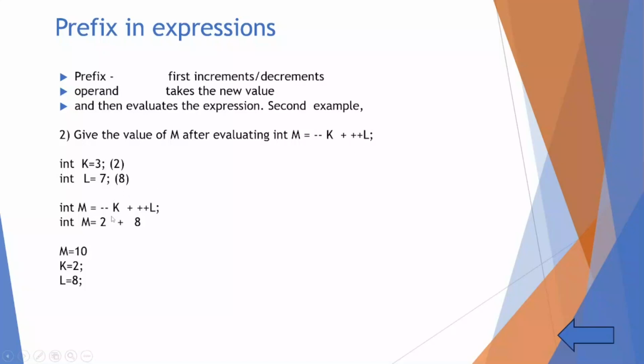So --k, first decrement to 2, and then take the new value, that is 2. This is first increment and take the new value. 2 plus 8 is 10, and k would be 2, l would be 8. This is what prefix in expressions is.